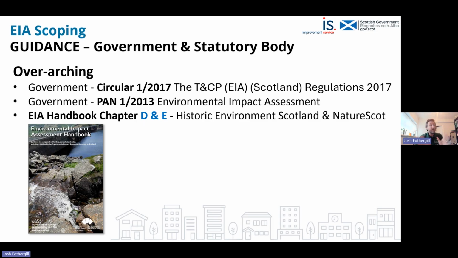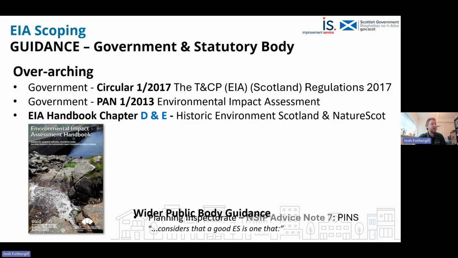I think this is where the EIA handbook from Historic Environment Scotland and NatureScot really comes into its own. Chapters D and E have about 30 pages of information about this process and the different steps, and can be very useful to look at as well, and that's obviously freely available on their web pages.